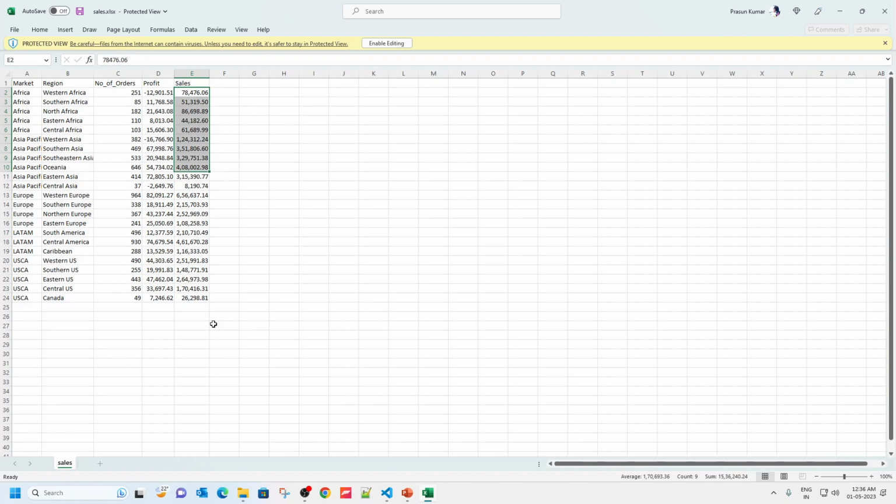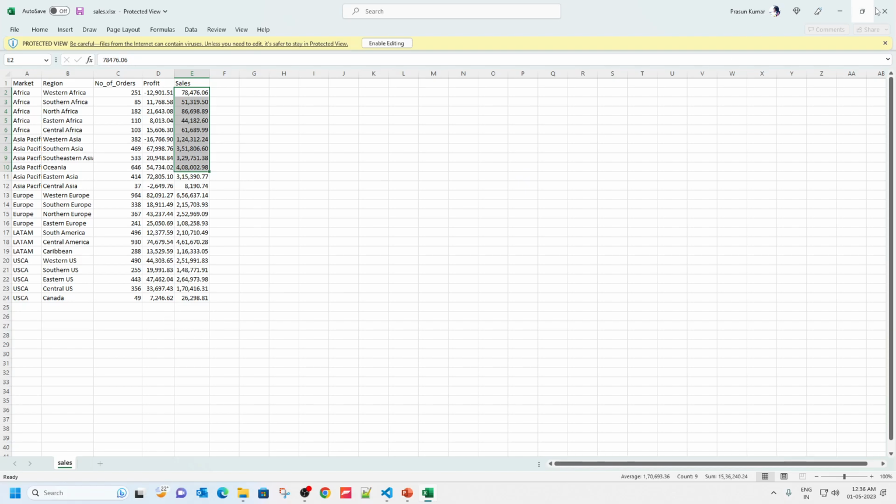We can visualize this data or find a pattern in it: in which region the sales are increasing, in which region they are decreasing, from which region we are getting more profit, and we can visualize this data in graphs. That will help us take business decisions, like where we can increase our sales, where we have to invest more, or where we have to stop, right?